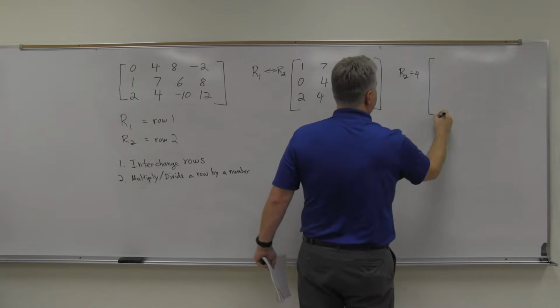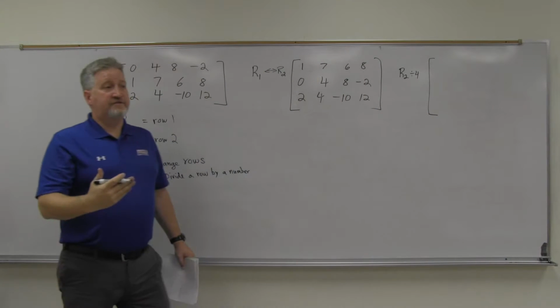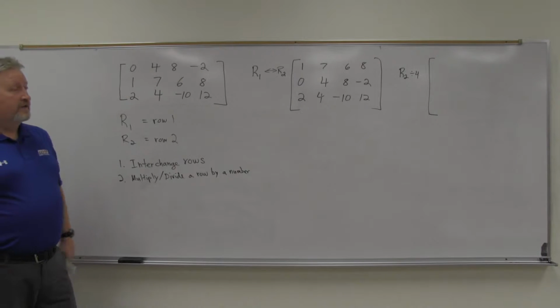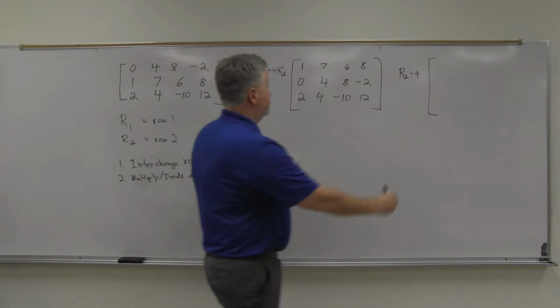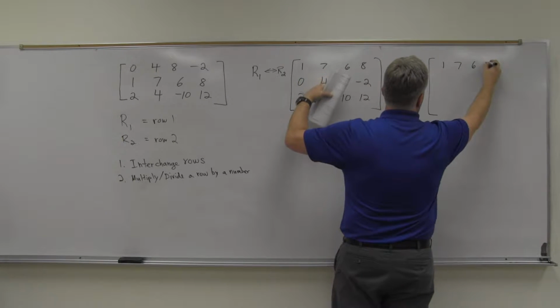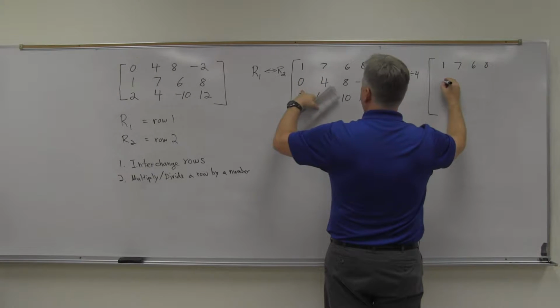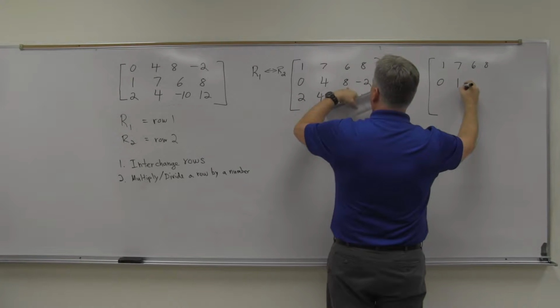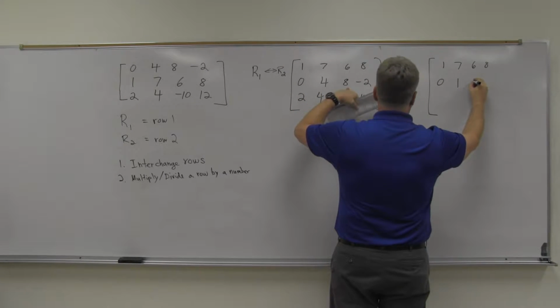And in this case, I'm going to divide row 2 by 4, and replace. That doesn't change anything about the values in the matrix either. So row 1 stays the same, but row 2 I'm dividing by 4. Of course, 0 divided by 4 is 0. 4 divided by 4 is 1. 8 divided by 4 is 2.